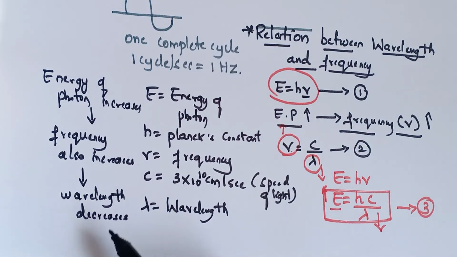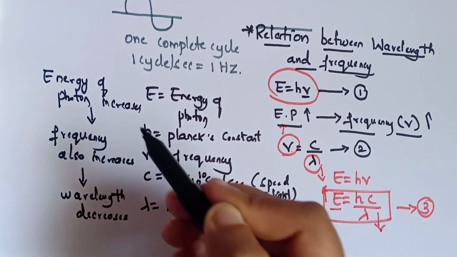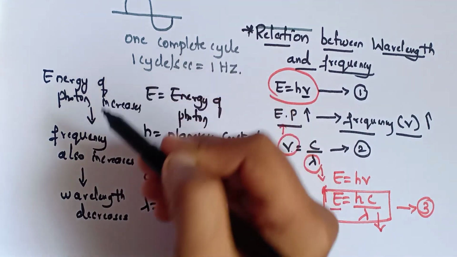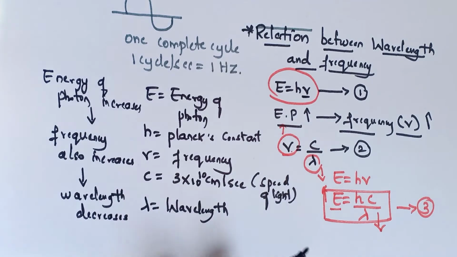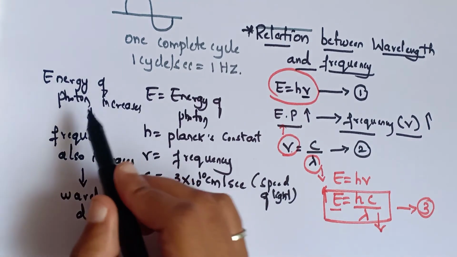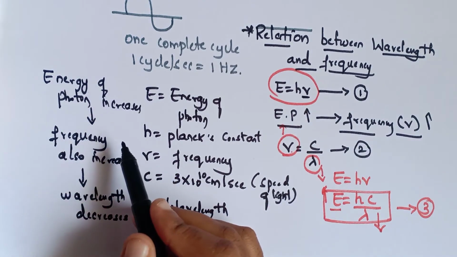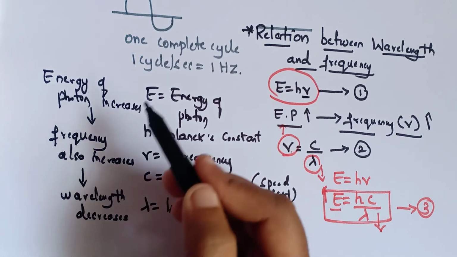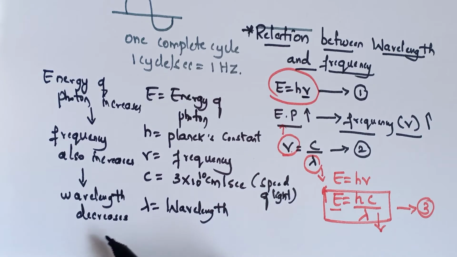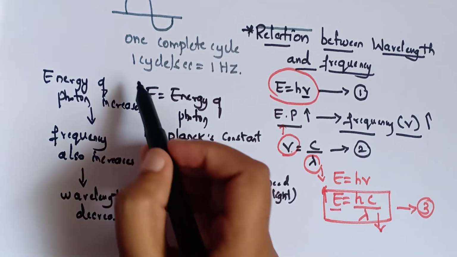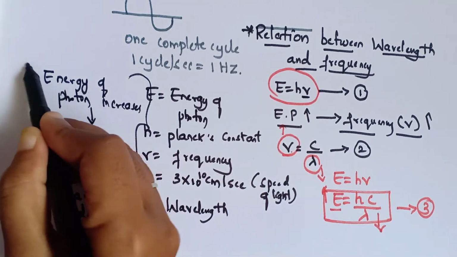If the wavelength is increased, frequency is also decreased and energy of the photon is also decreased. Why? Because energy of photon and frequency are directly proportional to each other and inversely proportional to the wavelength. So it is a very important thing.